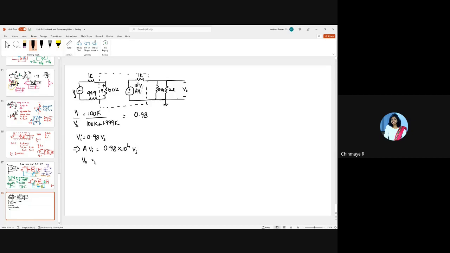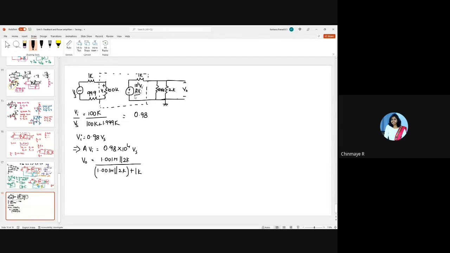If I have to calculate V naught, it will be the parallel combination of 1.001 mega in parallel with 2K. So there will be a voltage divider here: 1.001 mega in parallel with 2K, divided by that plus 1K. This is multiplied by the input voltage.